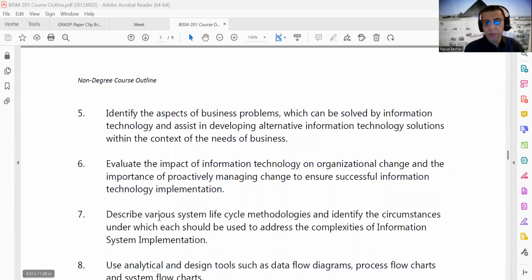We will describe the various system lifecycle methodologies and identify the circumstances under which each should be used to address the complexities of information system implementations.